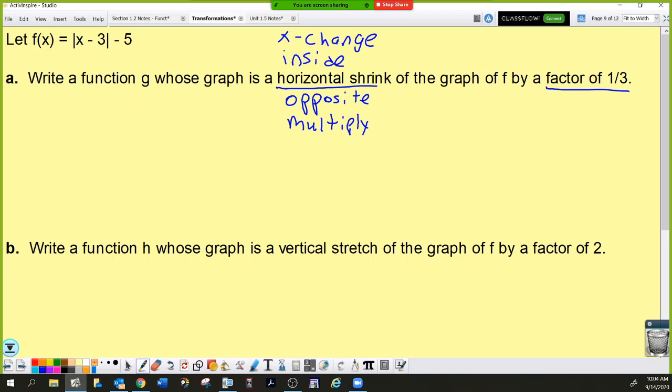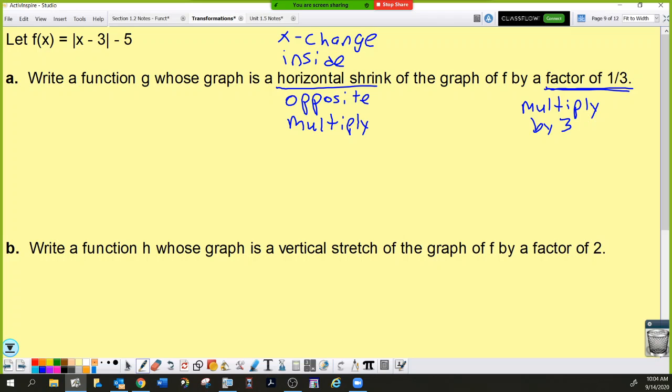So I'm going to be multiplying by something on the inside. And since it's opposite, what am I going to be multiplying by? Not opposite number, opposite effect. It says 1/3, so it'd be 3/1. Yeah, you use the reciprocal.